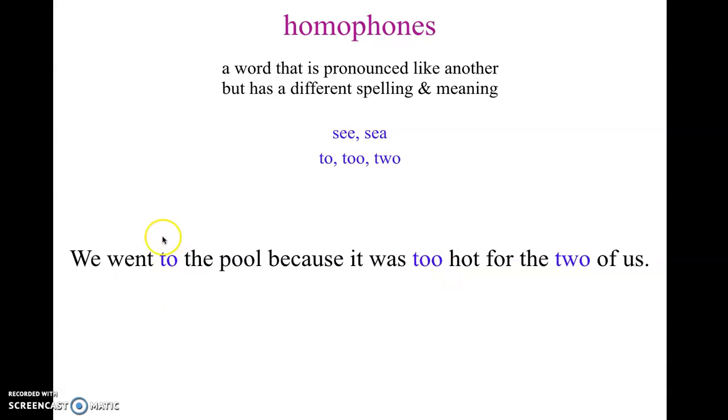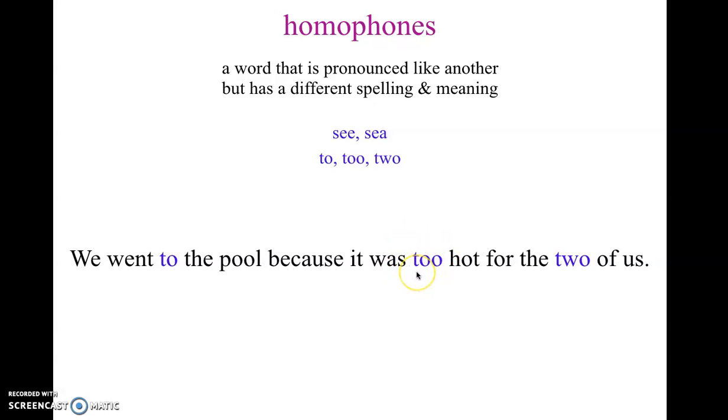So the first one, T-O, is the preposition, right? Usually goes with a verb, so a verb phrase. Went to, go to, talk to. This one, T-W-O, of course, is the number, right? After one, before three, right? So two of us. This one, too, we usually think of as meaning very, right?